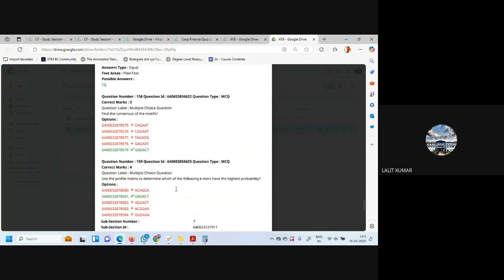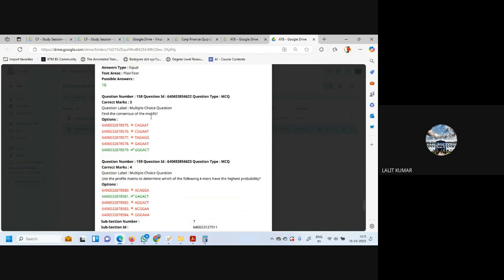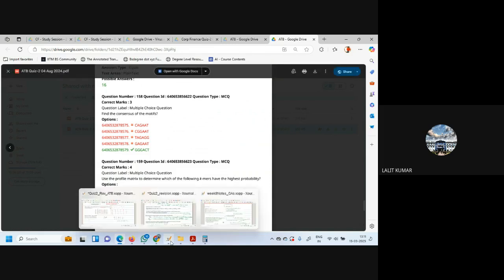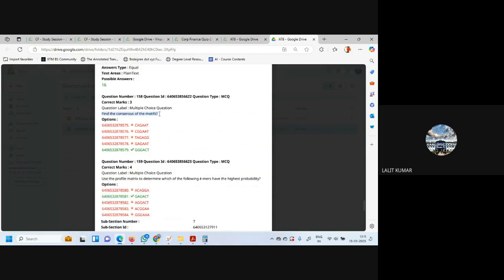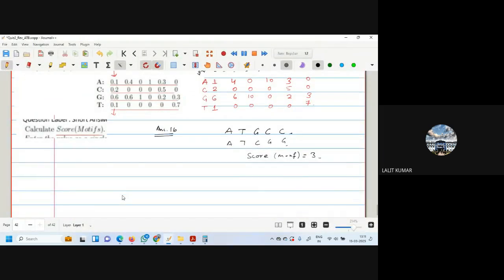Find the consensus of the motifs. Oh, this is based on the same question. The profile matrix, this one is easy, but find the consensus of the motifs. This one is the maximum value from each column, so we can take directly from here.